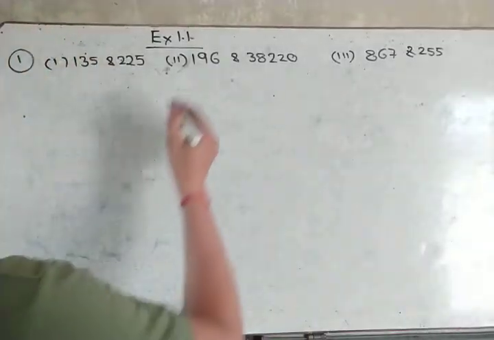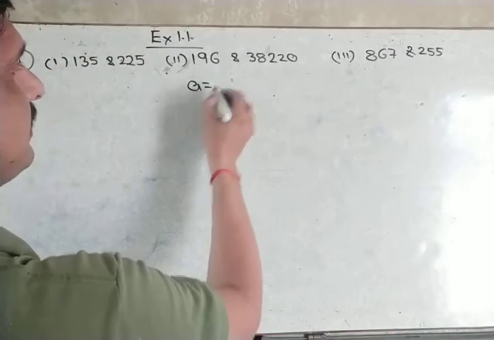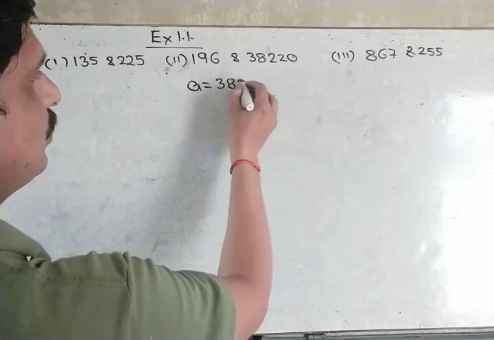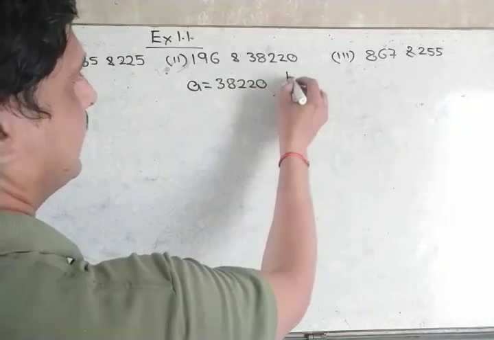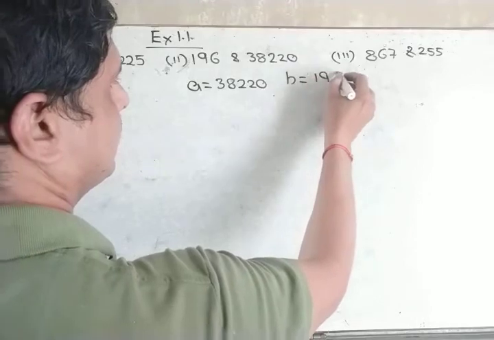Second part. Here A is 38220 and B is 196.